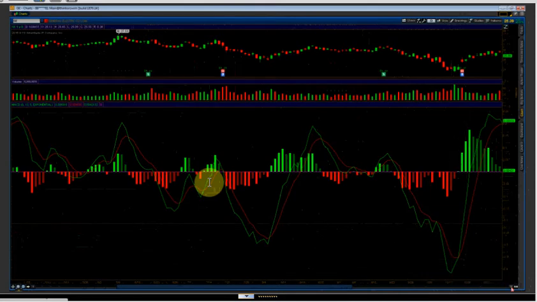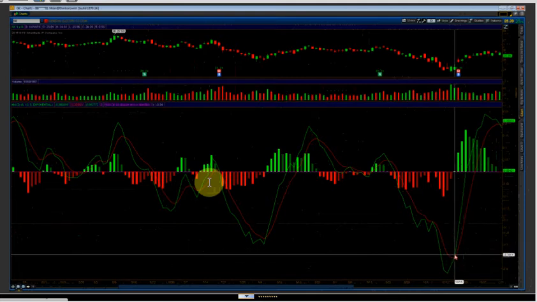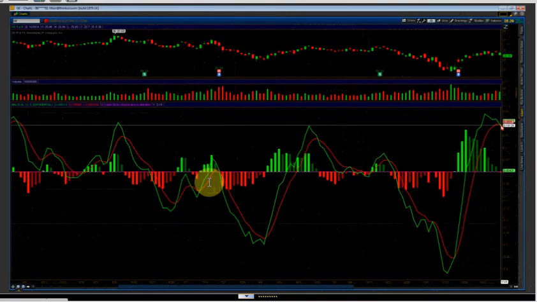And you should buy and sell solely on what the indicator says. So right here, your green is below your red line. If I bought because my green line crossed above my red line, then what should I do when my green line crosses below the red line?